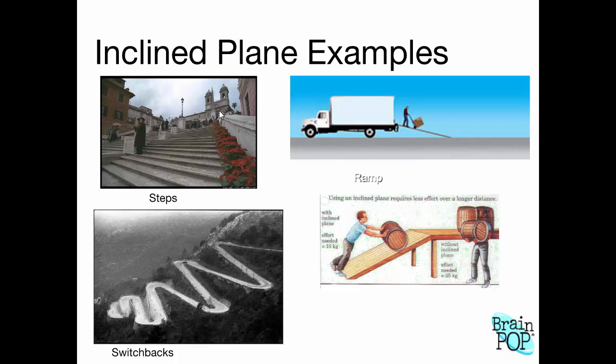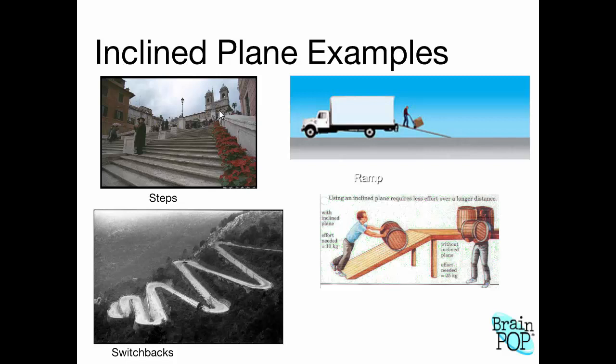Eventually you'll reach the top. That's an inclined plane. So the purpose behind those switchbacks is what? So it's not as steep. You can use less force. But again, it's a much longer distance. To get up this mountain, you could go straight up a very steep hill, or you can follow these switchbacks, but you're going to be walking a much greater distance, however you use less force.